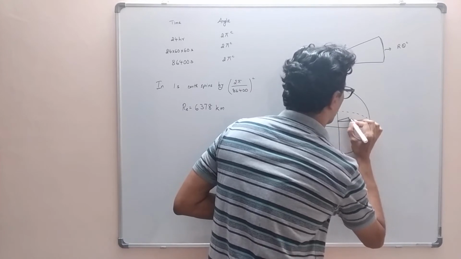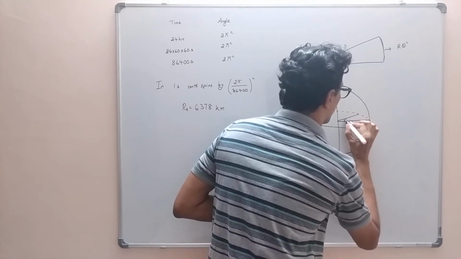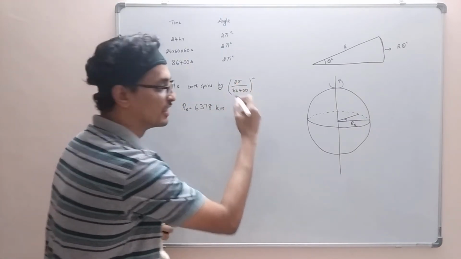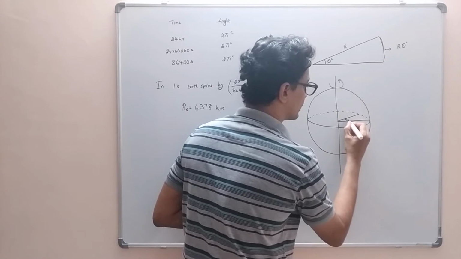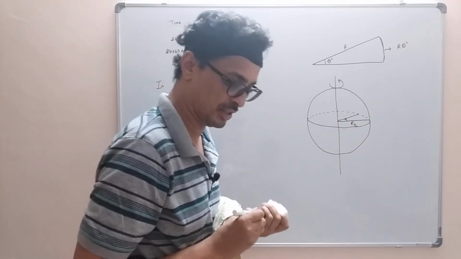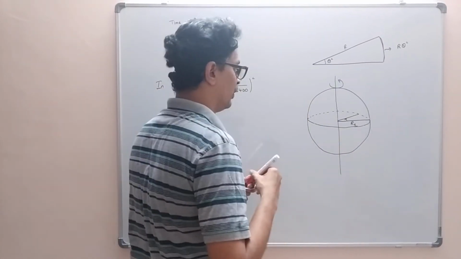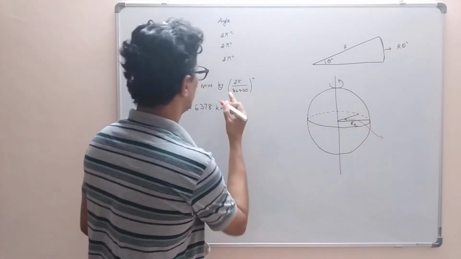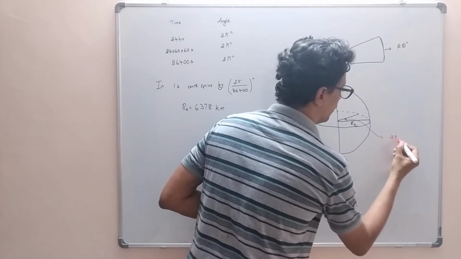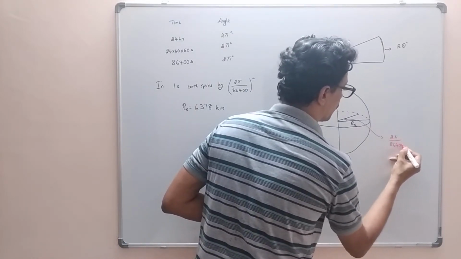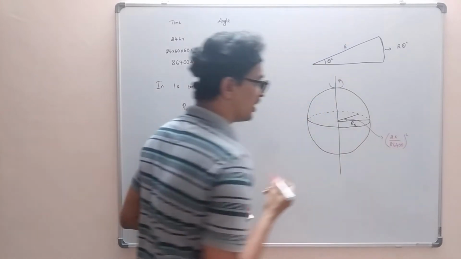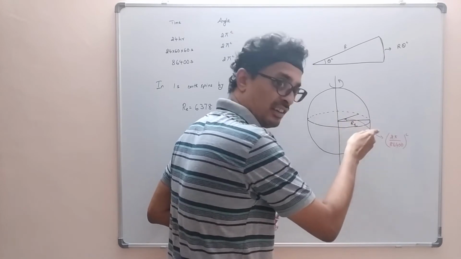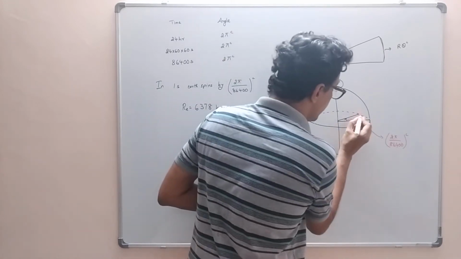So this is the radius of the earth, and now the earth is spinning, so this is the spin. Let this angle be 2 pi by 86400 radians. Now you know the radius of the earth, you know the angle, so you can find out this distance.